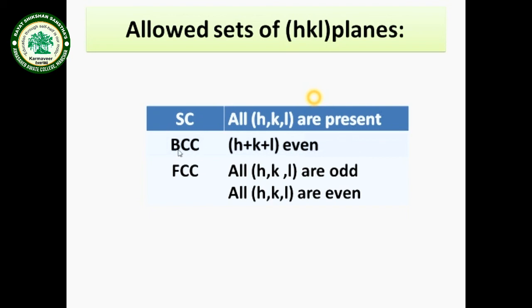While for the case of a body-centered cubic unit cell, the diffraction peak will be present only if the sum of H, K, L is even. If H plus K plus L is odd, then the corresponding peak will not be shown in the diffraction pattern. For the face-centered cubic cell, H, K, L should be either all odd or all even. Then and only then will the corresponding peak be shown in the diffraction pattern. Otherwise, it will simply be absent.